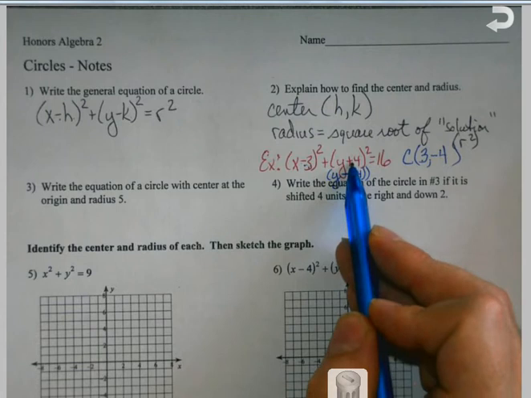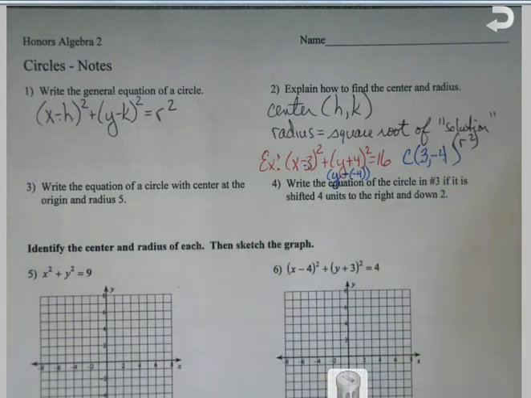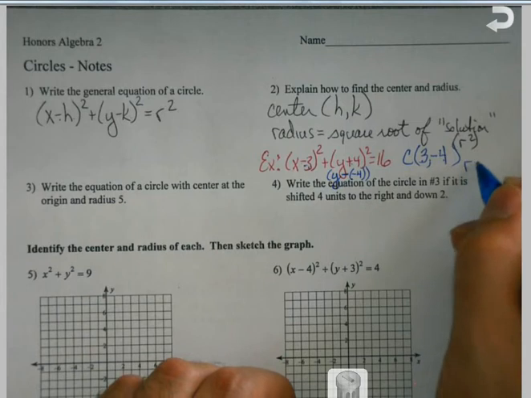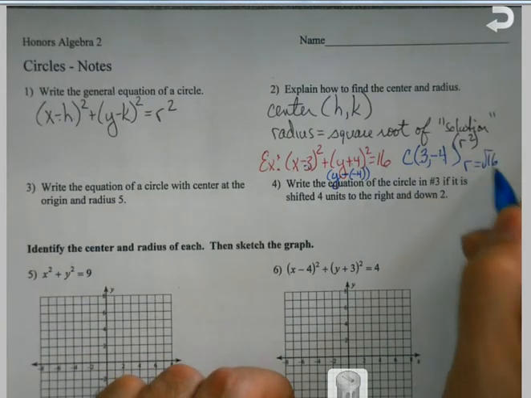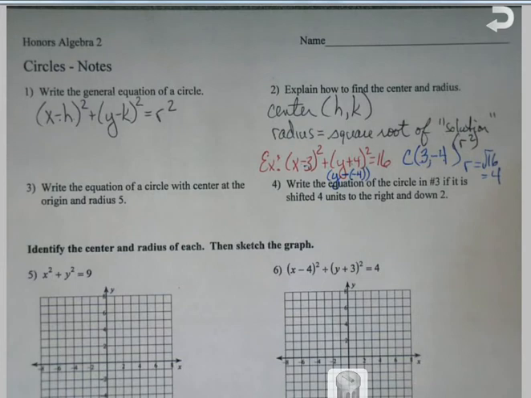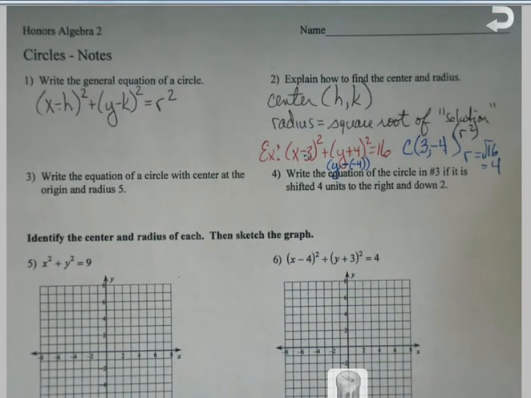If I have a positive number, it's going to become negative. So the center of my circle would be at (3, -4), and then my radius would just be the square root of 16, which would be 4. That's the two basic bits of information that we're looking for most of the time on these. So it's nothing too terribly awful. It's just getting used to the form and the little twists that it can tend to throw in.